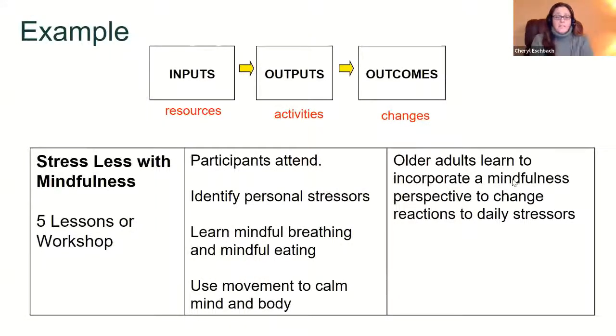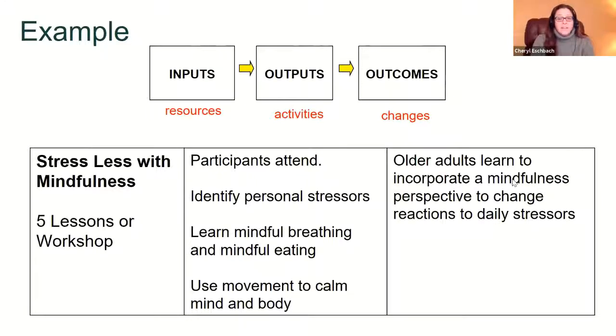Another example is the Stress Less with Mindfulness program. We have that here at Michigan State University. It's a 5-lesson series or a workshop. And again, that's the program, the input we put into it. The outputs are the participants who attend. And then the activities are also around identifying personal stressors. We have some group discussions that take place. We have some different hands-on activities they do during the workshop, like learning how to do mindful breathing, how to do certain movements to calm their mind and their body.